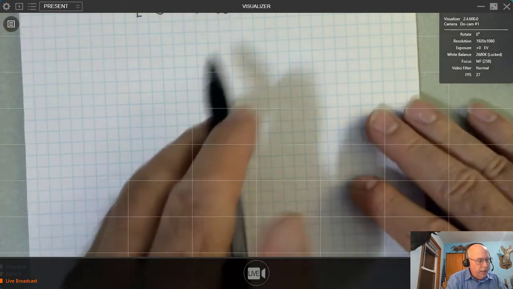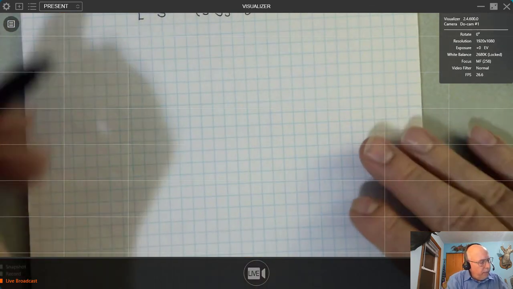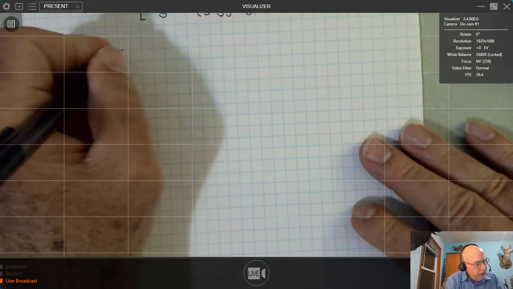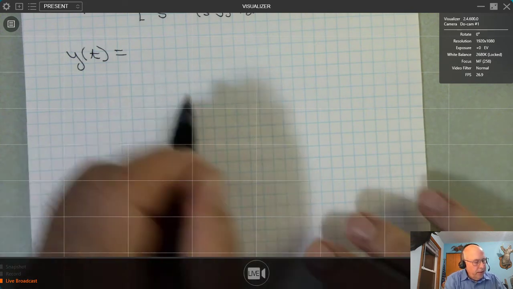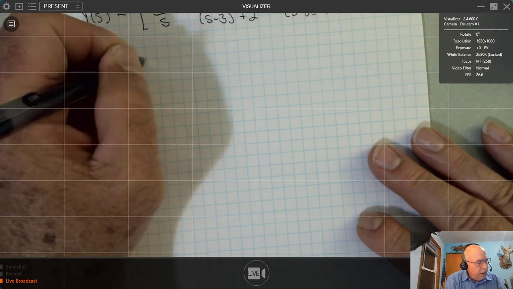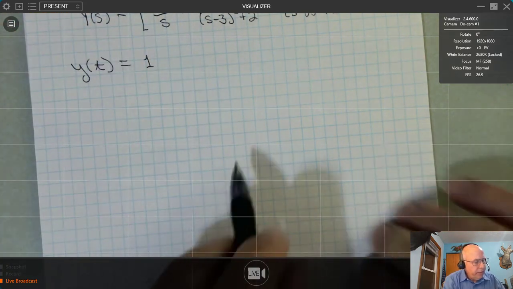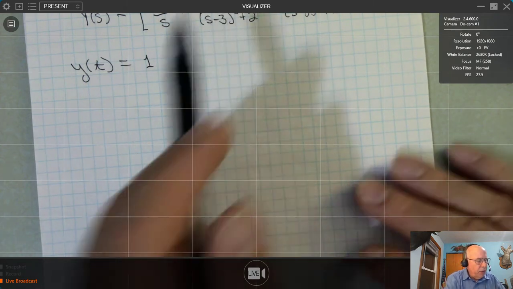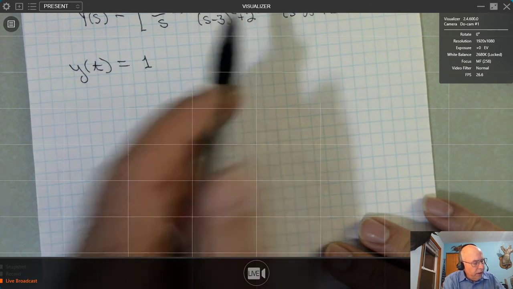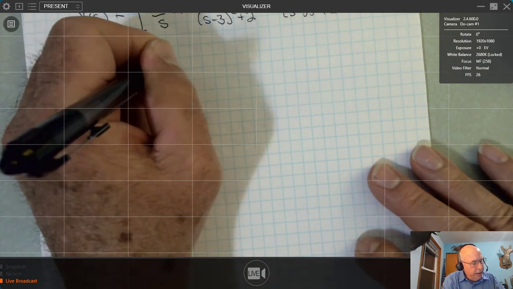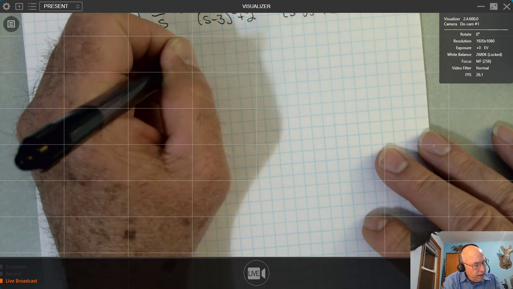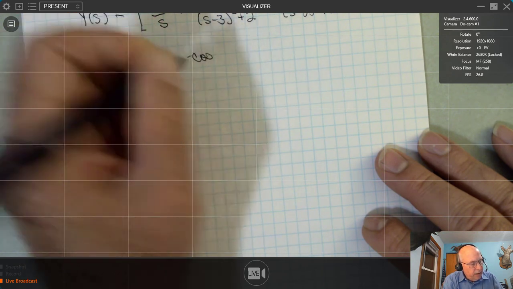Okay, well, here we go. The first thing is we have 1 times this, and we want to take its inverse transform. Well, the inverse transform of 1 over s is 1. Then the inverse transform of, well, if we had s over s squared plus 4, the inverse transform of that would be cosine of 2t.